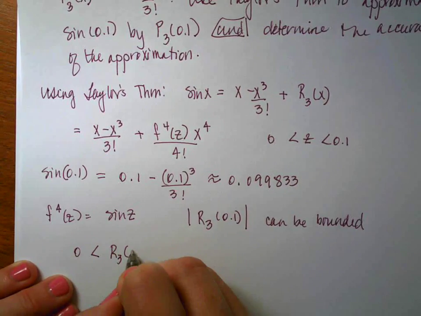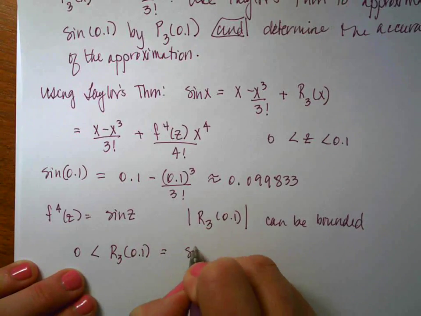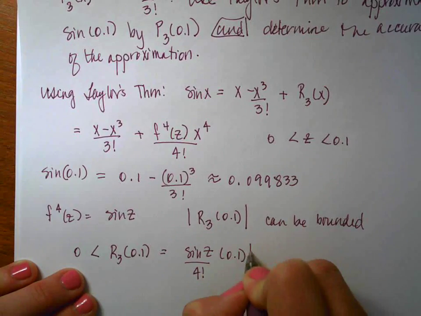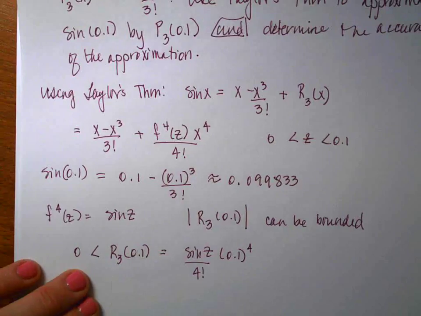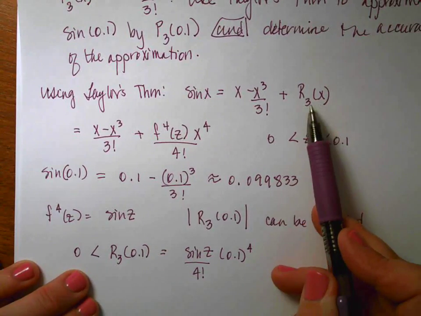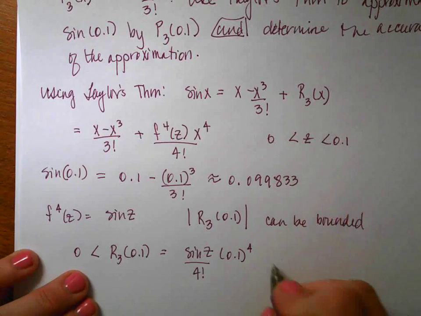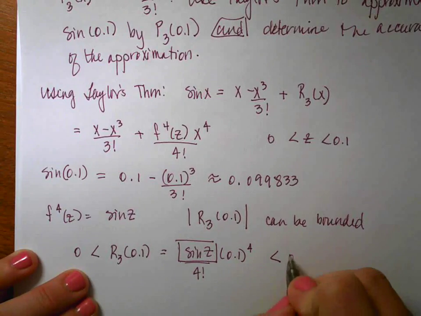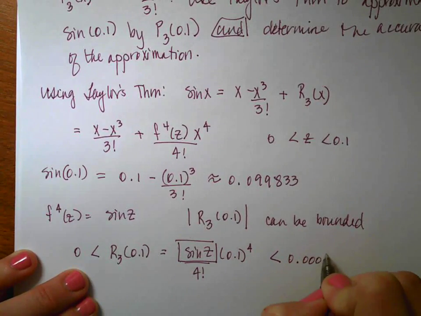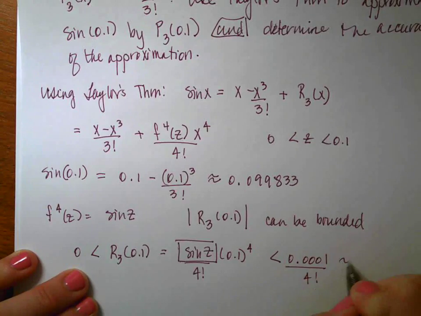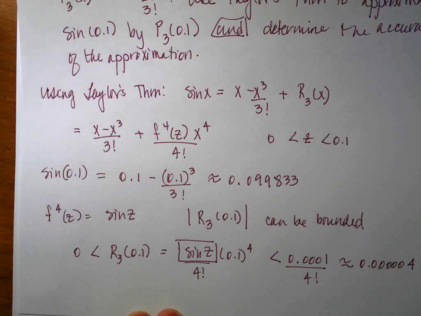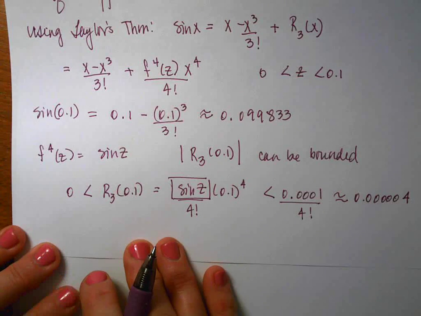So what I can show is that 0 is less than the R3 evaluated at 0.1, and this is the sine of z over 4 factorial times 0.1 to the fourth. Okay, and so this is the remainder right here. If we do this math, we know that this is going to be less than, so I'm not managing this part, 0.0001 divided by 4 factorial, and this is approximately equal to 0.0000042.